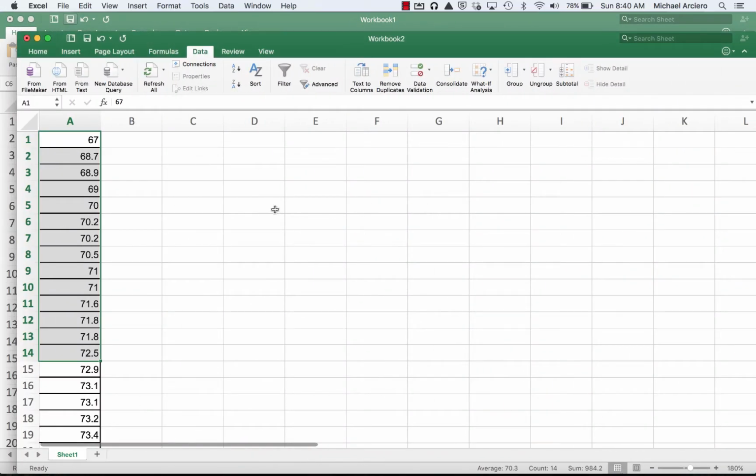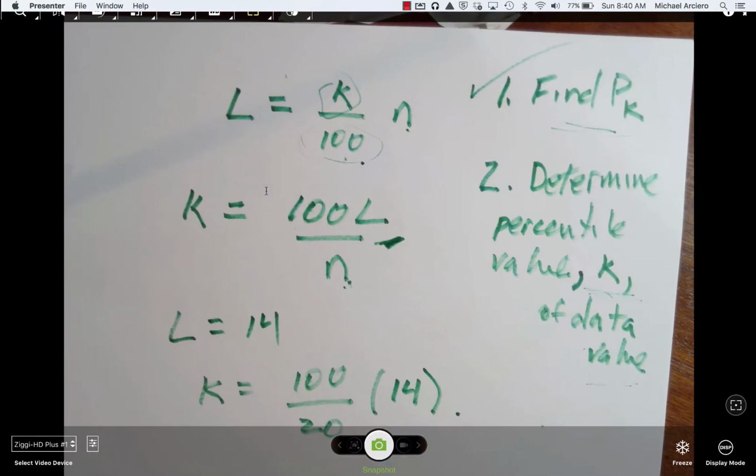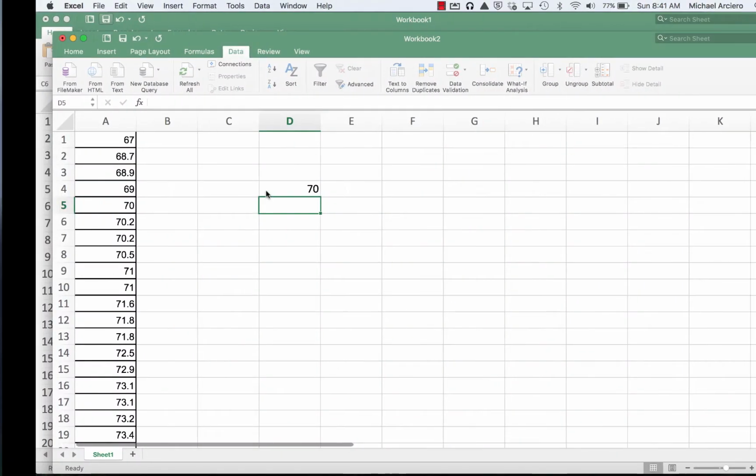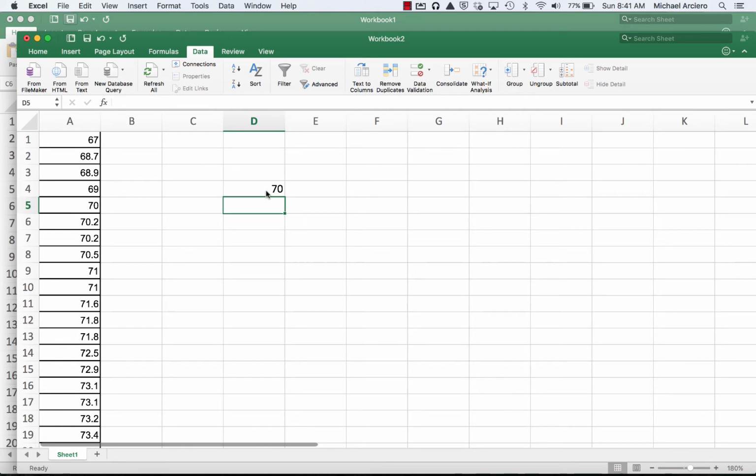And we can do this handily in Excel. Divided by 20. So our data value is in the 70th percentile. Our data value is 72.9, so the percentile value of 72.9 is 70.